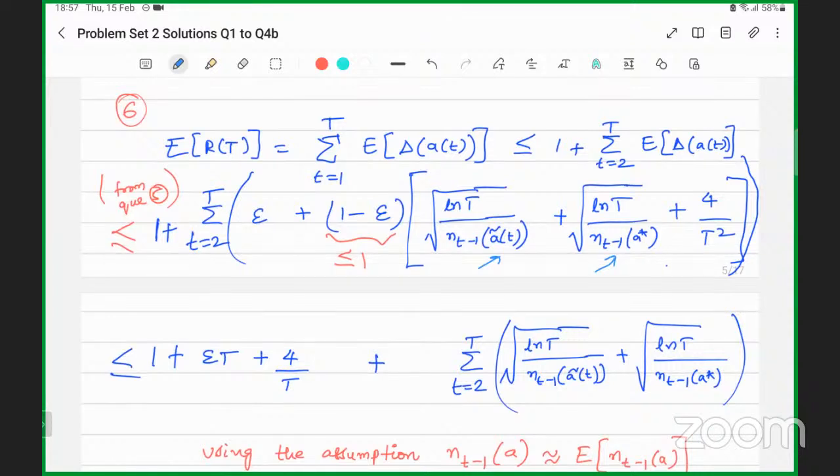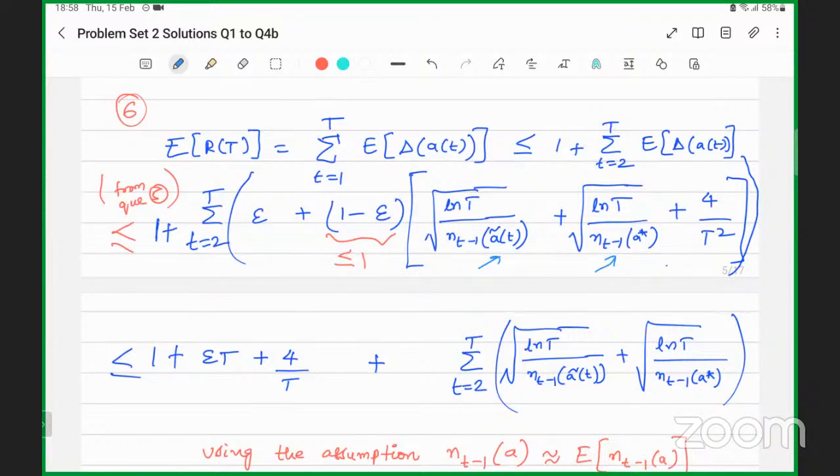Question five. Okay. No, if you allow C to depend on T, you can say C equal to T, right? Then I'm done. I'll say regret is less than or equal to C and C equal to T. Like for the last question we are talking about, C by 2 theta minus 1. So it's a universal constant. It does not depend on T. The question is at least that.